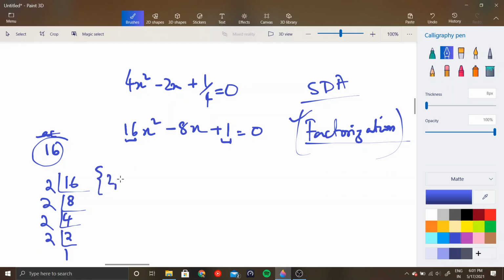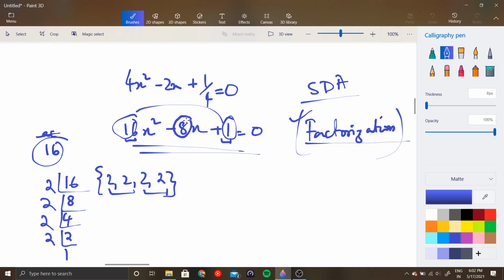So basically 16 is 4 into 4, right? Okay. So now once you know the factors of A multiplied by C, now you need to check. Now carefully listen to this. Once you know the factors, you need to check whether it is possible to make this number by using these numbers, right?